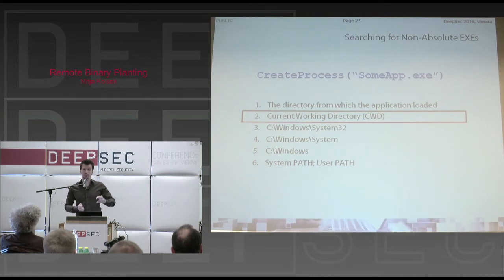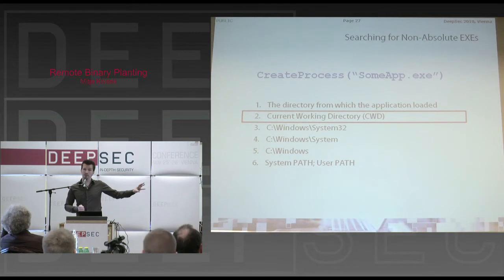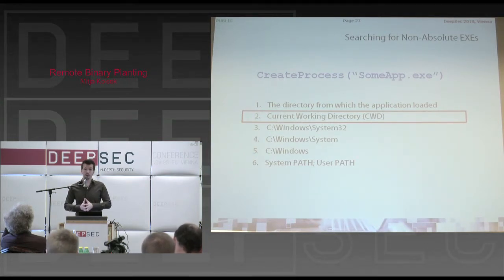So it's very easy to prevent remote attacks, because that hotfix can easily eliminate the loading from current working directory on remote shares, which is the default configuration, which is very good. That's job well done by Microsoft.